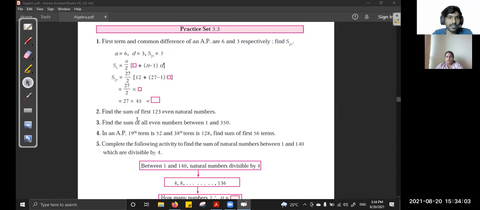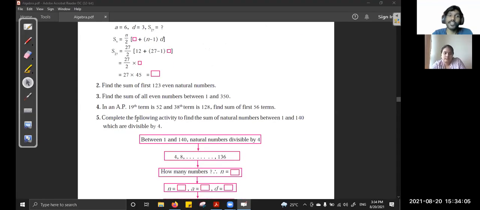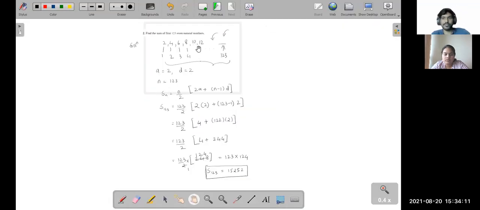The next sum is of the type like the previous one, where you have to use the Tn formula. But I hope this sum is clear. No confusion?